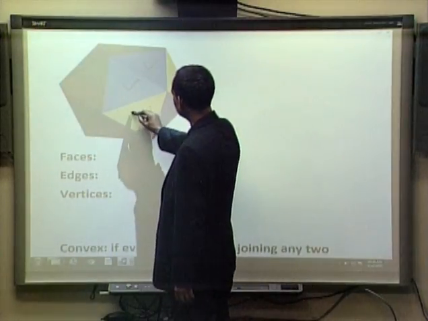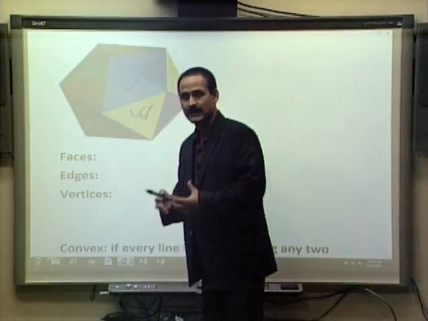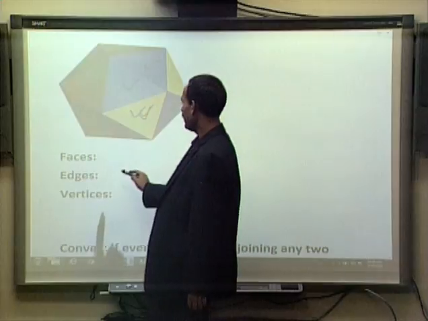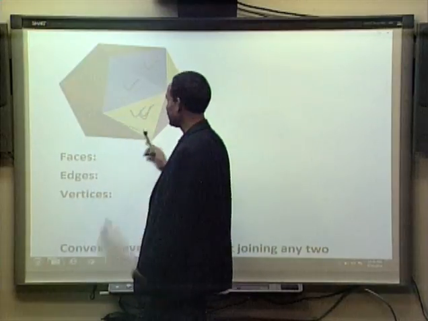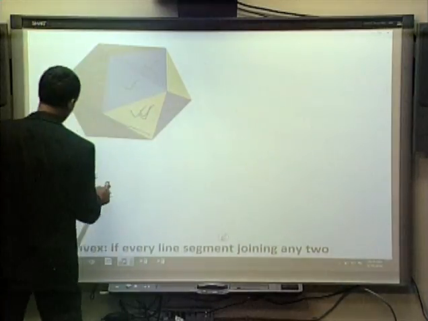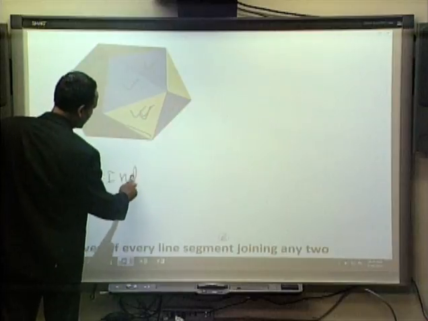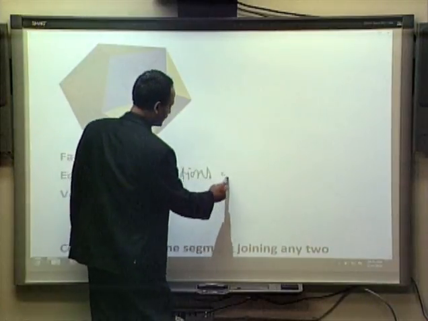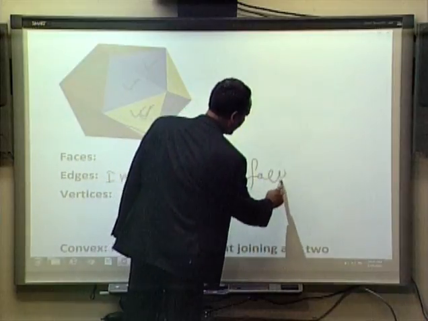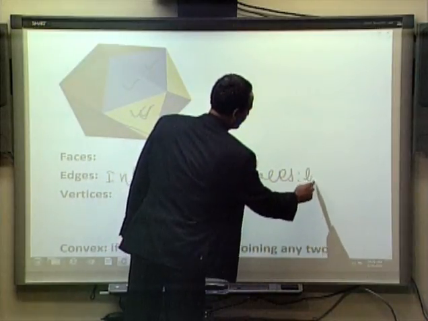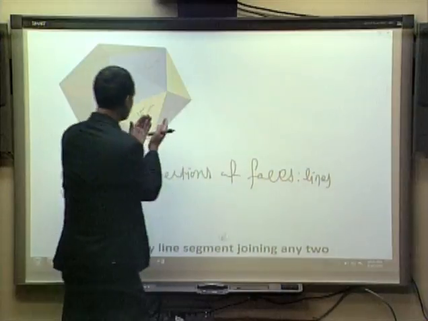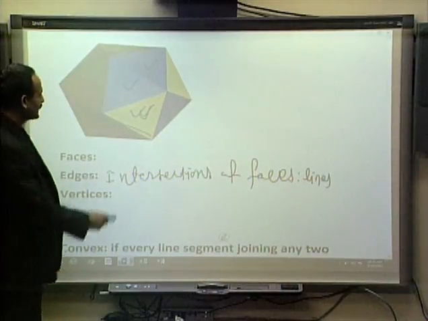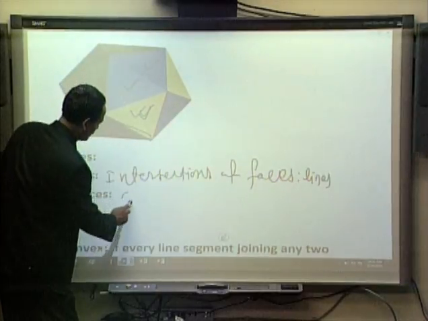Each triangle, in this case, is called a face, and edges are the intersections of the faces. They are lines, by the way. Edges are the lines wherever two faces intersect, and vertices are the corners.